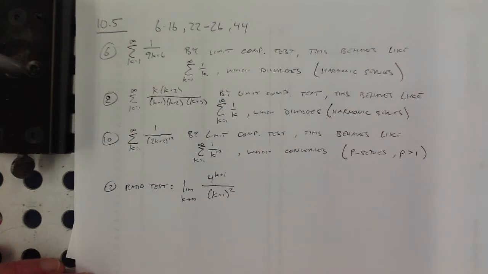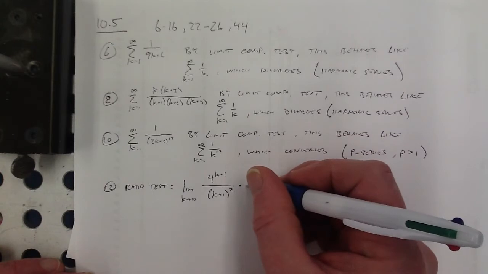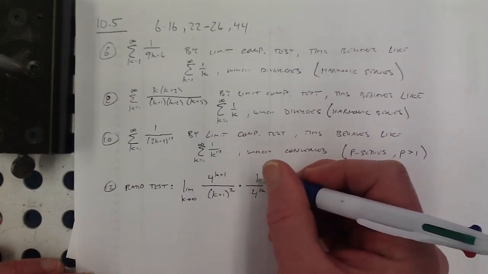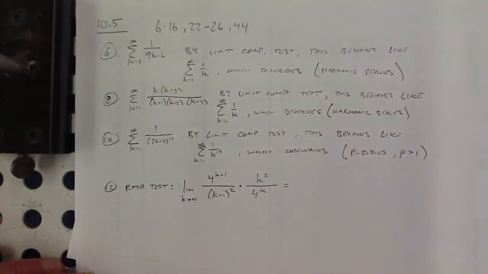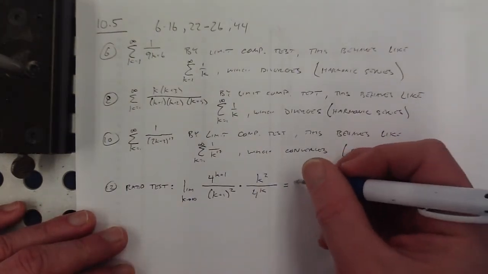That's the k plus 1 term. And then I'm going to divide by the k term, which is the same as multiplying by the reciprocal. And then I'm going to cancel stuff out.